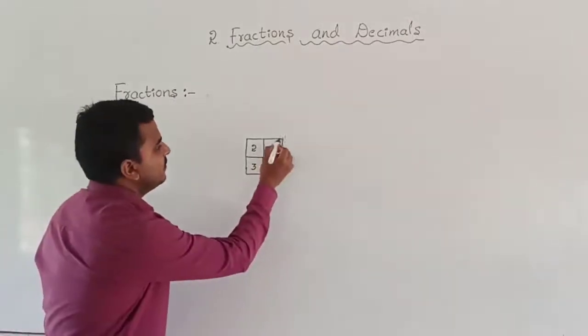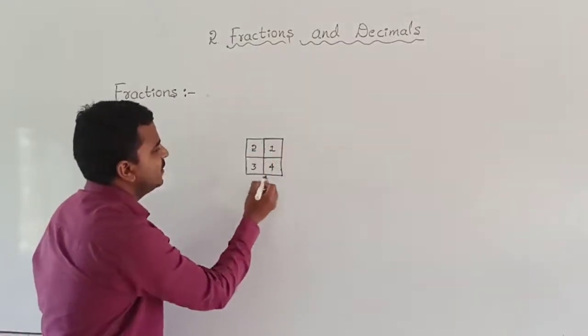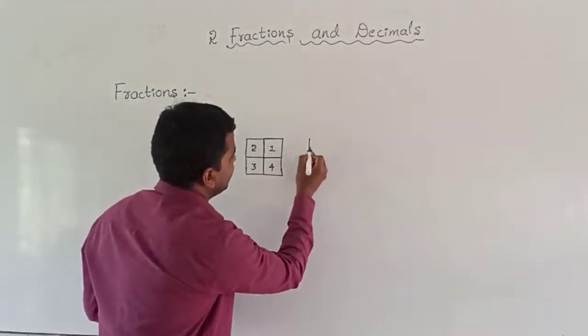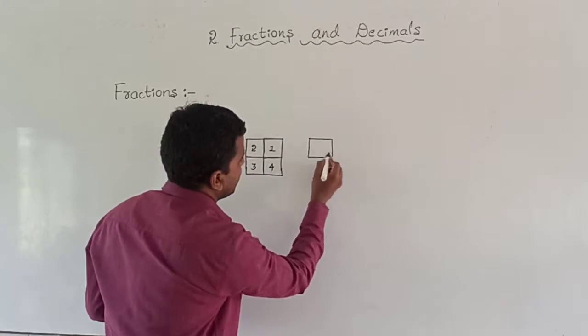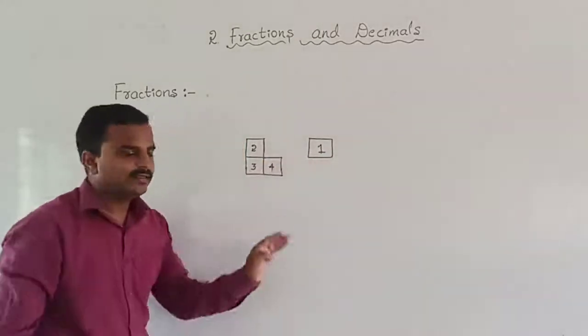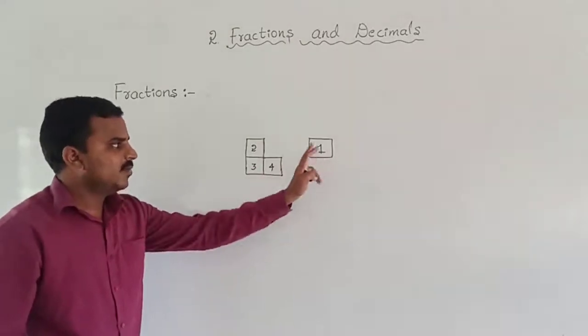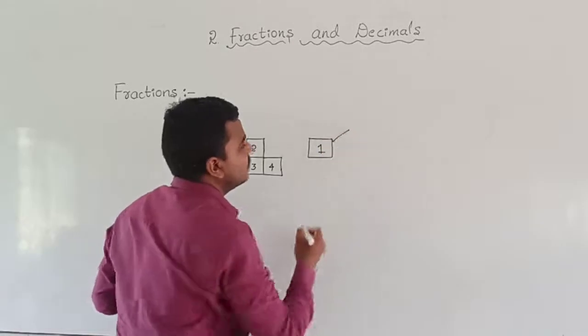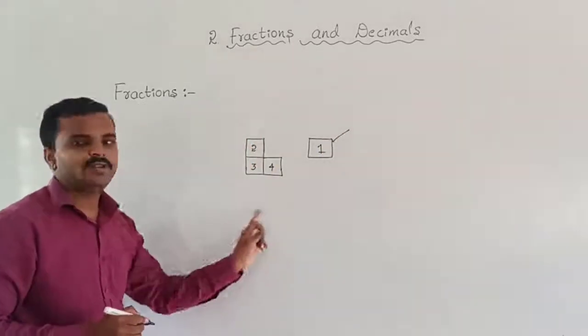Just separate this first part from this row. This is part number 1. I separated this one part from this whole. So this part is called a fraction of this whole.